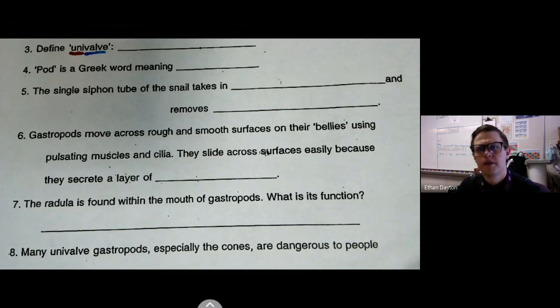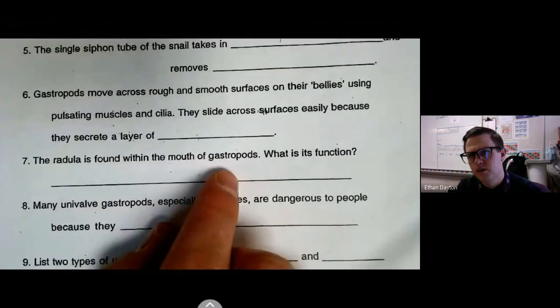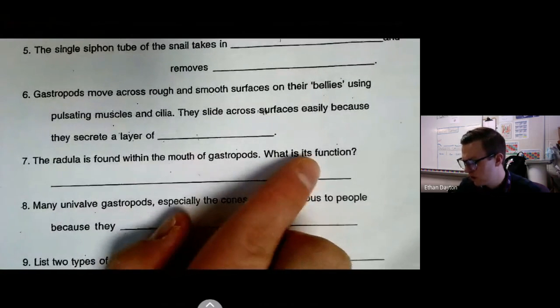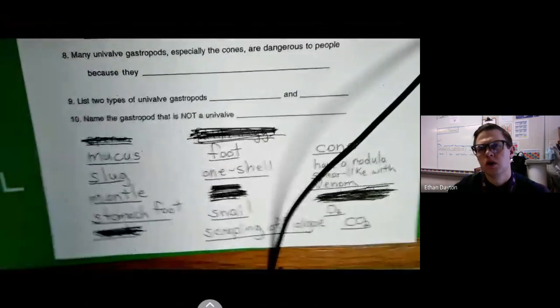Okay, number 7. The radula is found within the mouth of gastropods. What is its function? So what does the radula do?